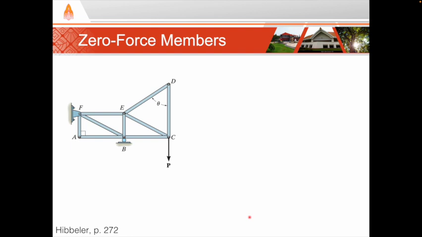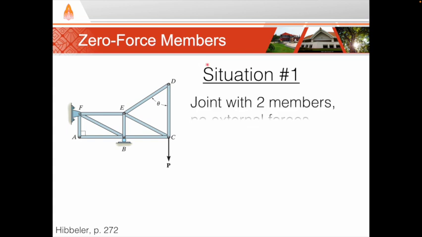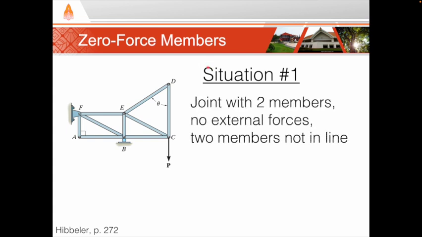Before we end today, let's learn a shortcut to make our analysis simpler. Sometimes a member has no loading on it, and we call this a zero force member. There are 2 situations where we can have a zero force member. First, if a joint has 2 members and no external forces, and the 2 members are not in line or collinear, then those 2 members are zero force members.